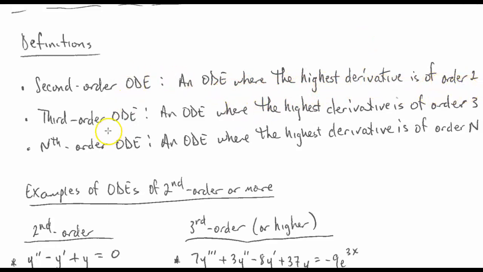And of course, for third order, the highest derivative in any term is 3. And we say that it's of order 3 when we do this. So that's why you see this word order here, okay? And of course, if we're going to the nth order, in general, then it'll be of order n, okay?